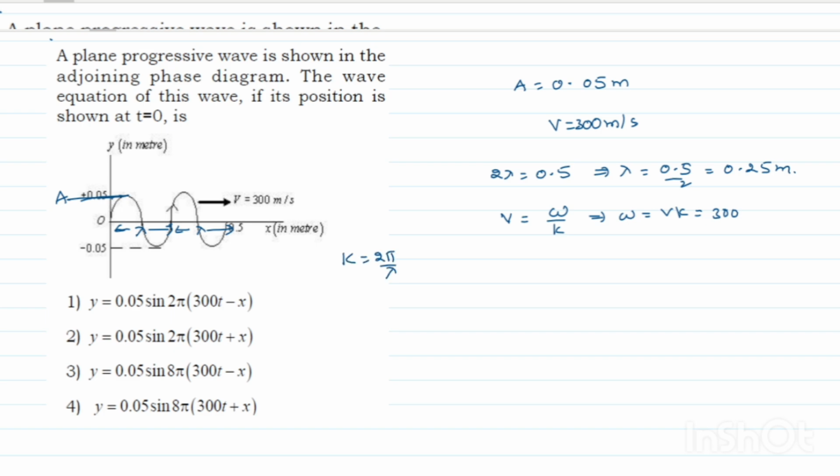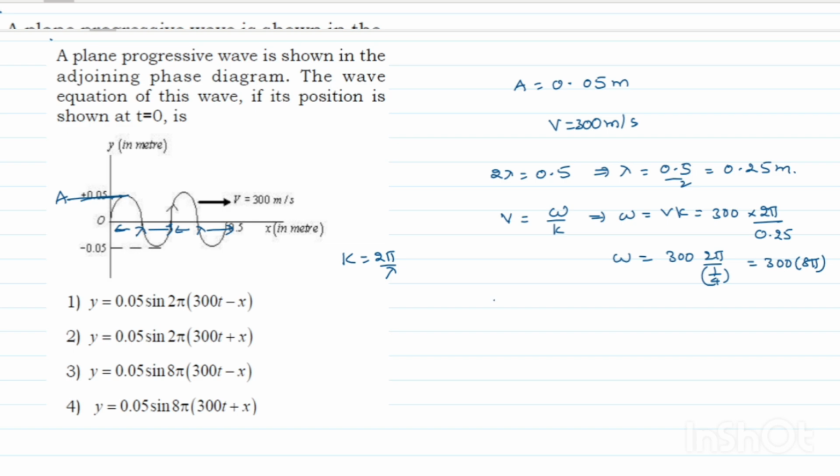Lambda is already 0.25 meter, so omega equals 300 into 2 pi into 1 by 4. 4 2s are 8, so omega is 300 into 8 pi.